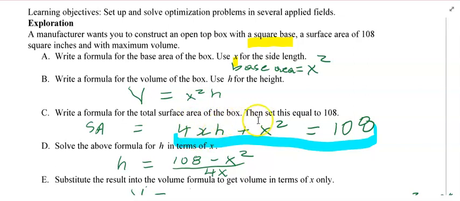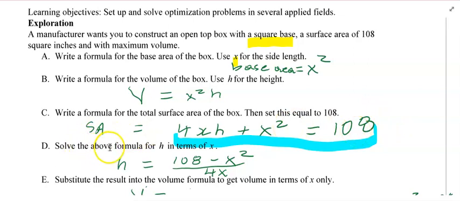The top is open, so we do not have an area at the top. This surface area is equal to 108, so we set 4xh plus x squared equals 108.